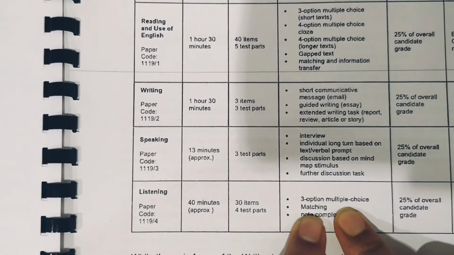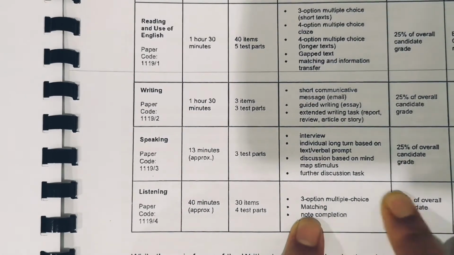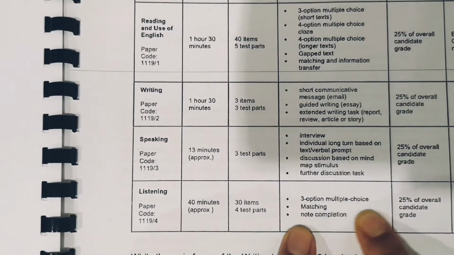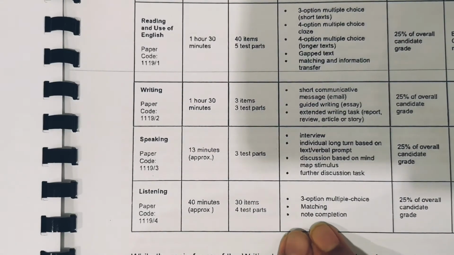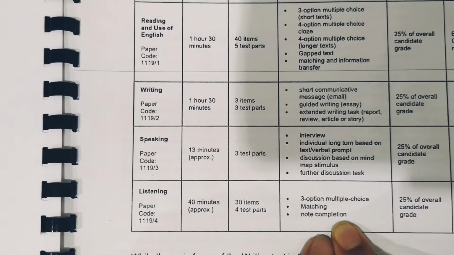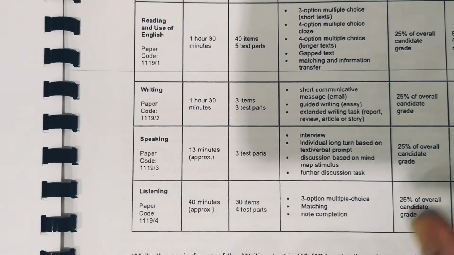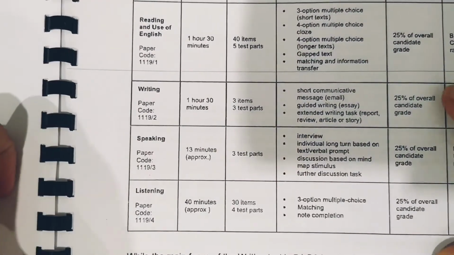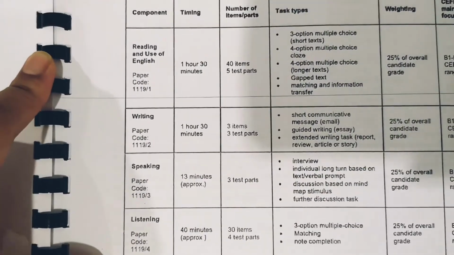And there are 3 option multiple choice questions for the A, B, C, D. And you will also have the matching type of question, and also note completion, okay, where you complete the note based on the audio. And this also contributes to 25% of your overall grade.